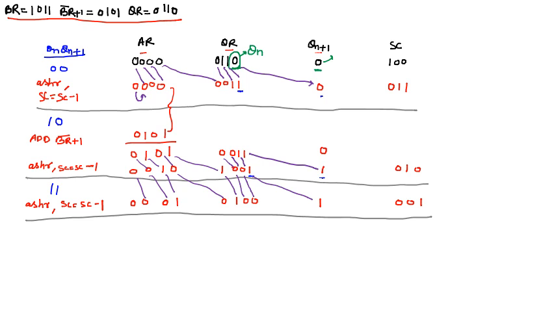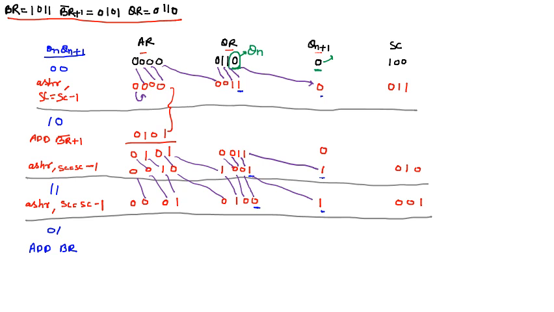So to complete the last step, again we'll test the value of Qn and Qn plus 1, and you can see now it is 0 and 1. So at 0 1 we'll perform add BR. At 1 0 we have performed BR complement plus 1 addition. Now we'll perform add BR.